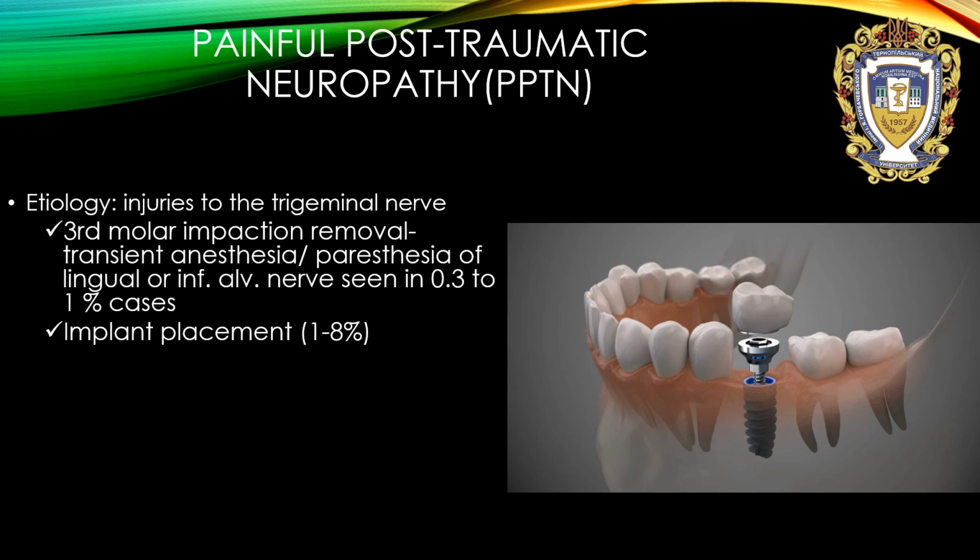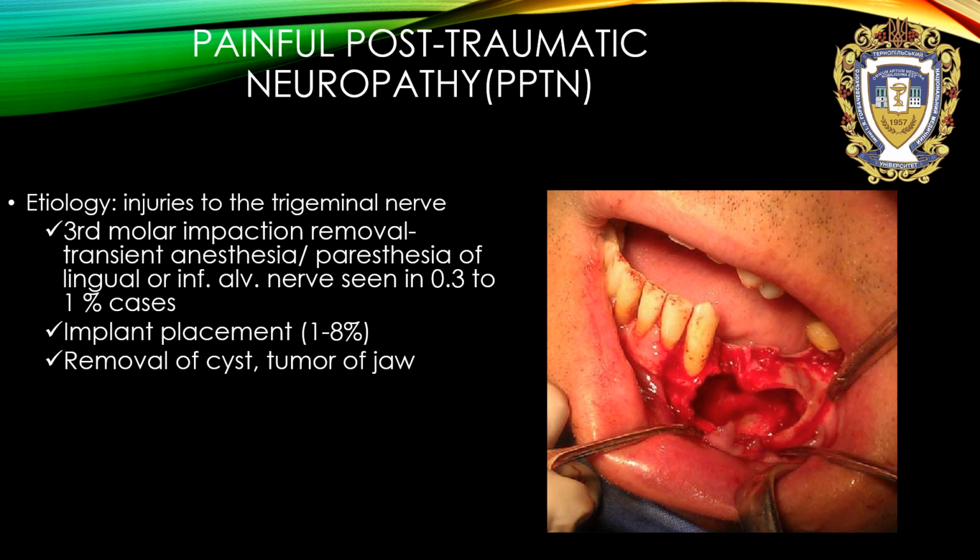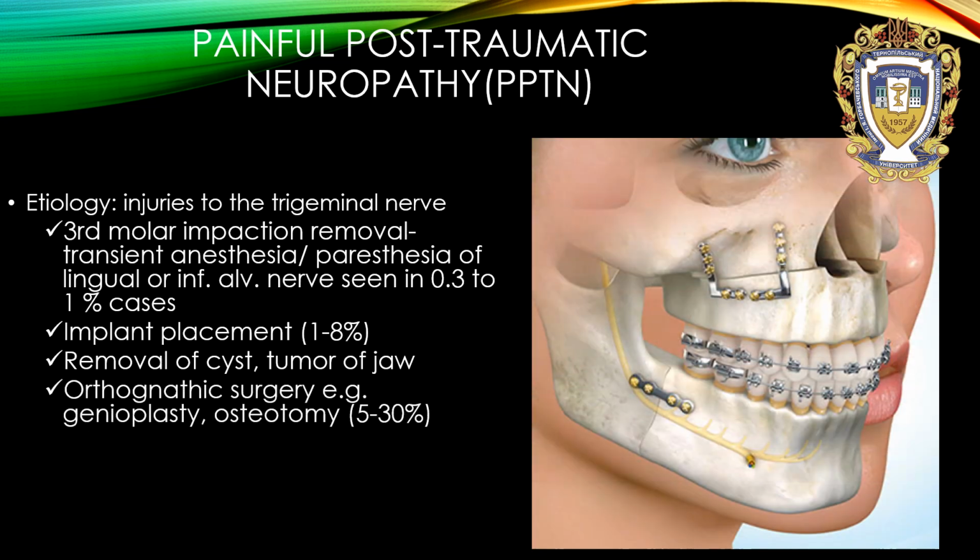Implant placement, 1 to 8%. Removal of cyst, tumor or jaw. Orthognathic surgery, for example genioplasty, osteotomy, 5 to 30%.